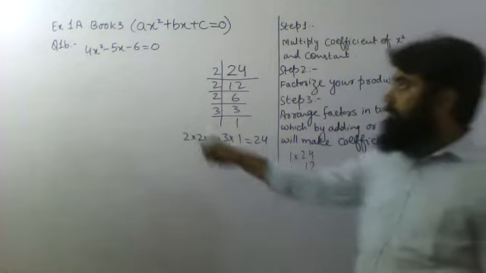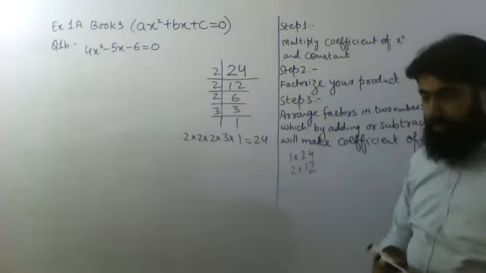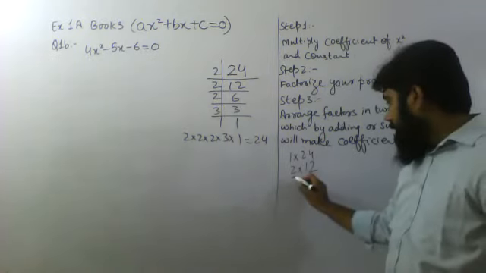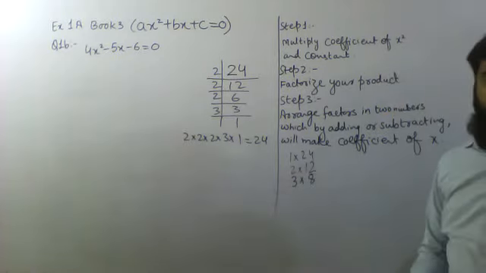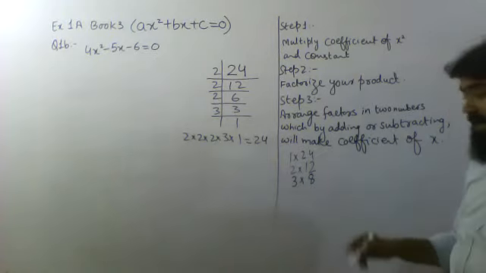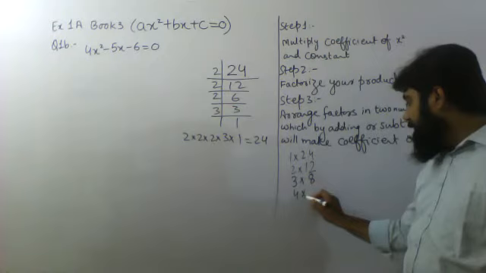Addition or subtraction will not make 5. Right? Then 3 into 8. 3 into 8 is 24. Okay? First I am writing all the factors. Then 4 into 6.